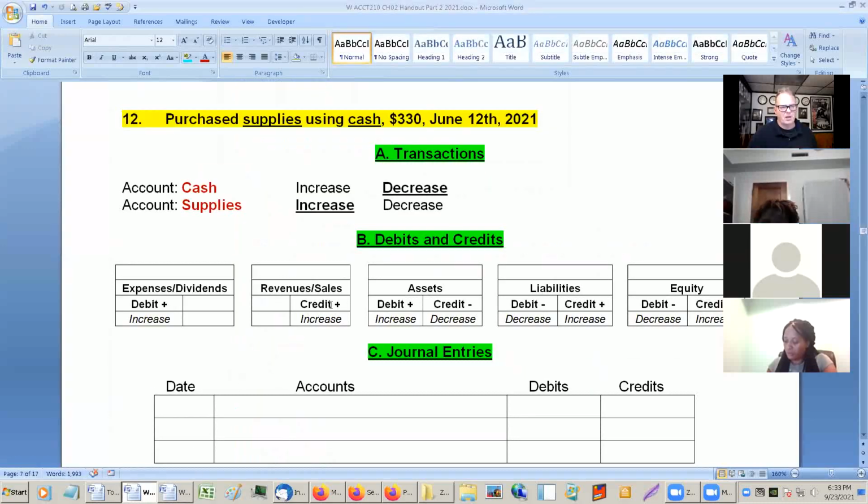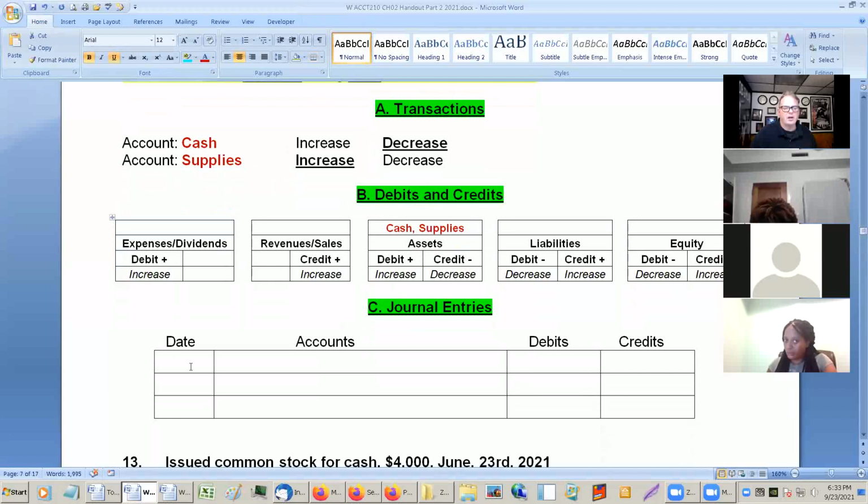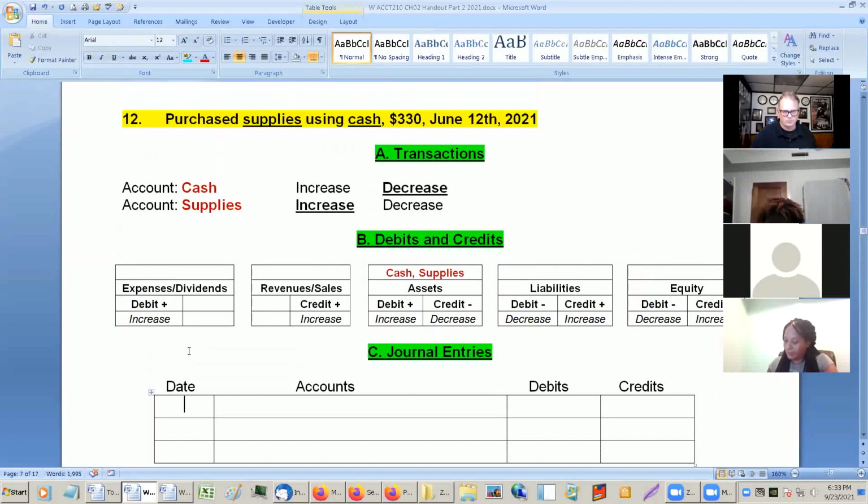Okay. So cash, debit or credit? Credits. Cash is going to be a credit.